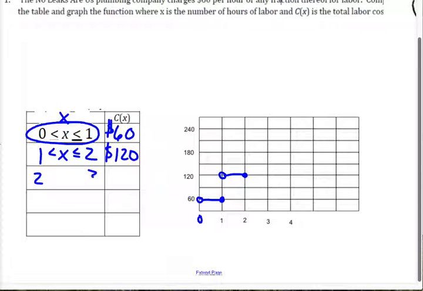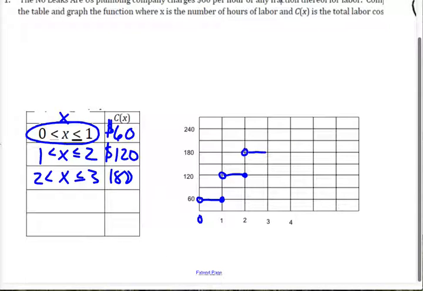Between 2 and 3 hours, I'll put my x in there. It's less than or equal to, it could be 3 hours, and it's still going to cost $180. But x is greater than 2, or 2 is less than x. That's going to jump up to 180.